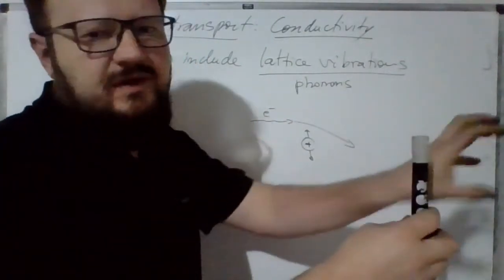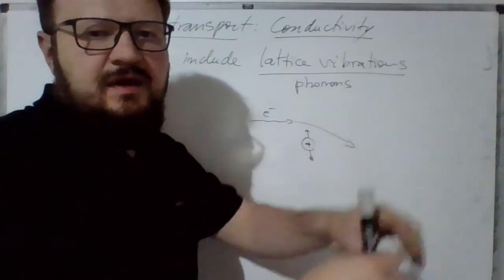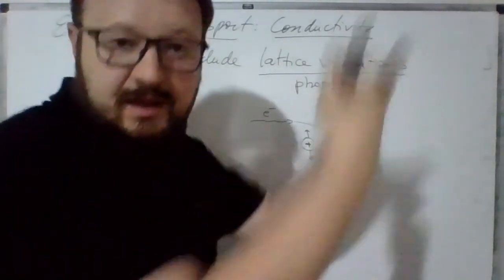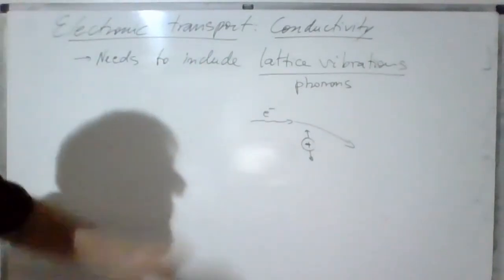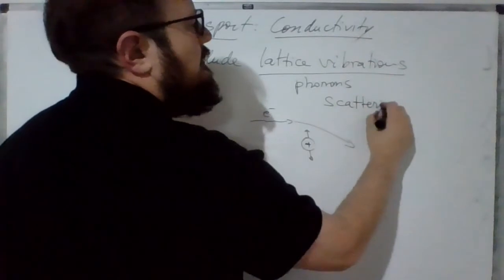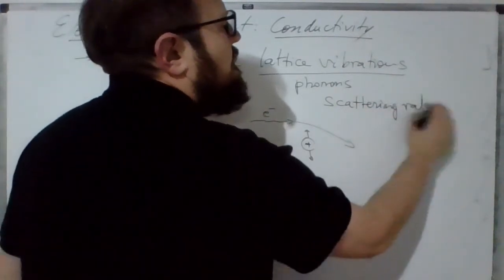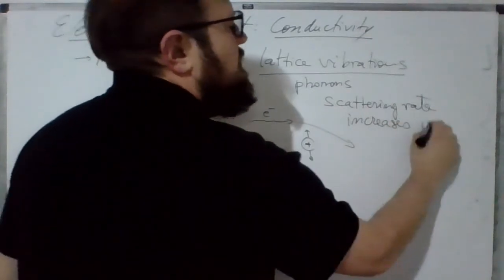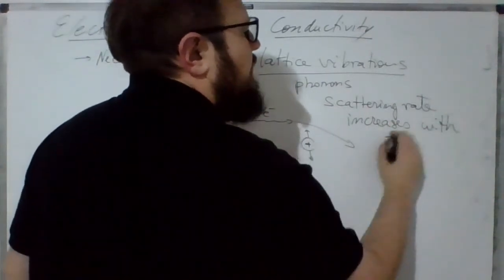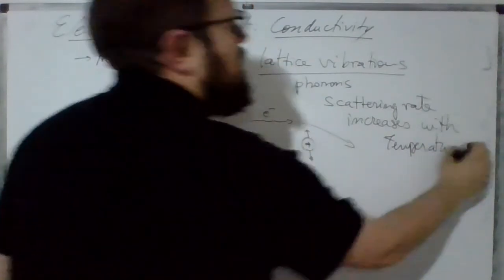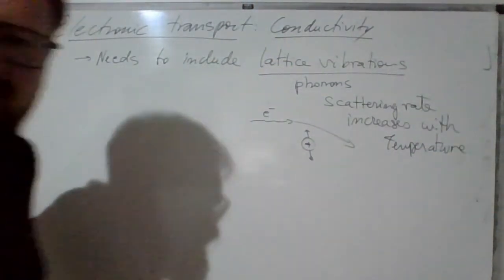If it moves, it is a target which increases the cross section and scattering increases. Okay, so the scattering rate increases with temperature. Okay, this is a very important aspect.